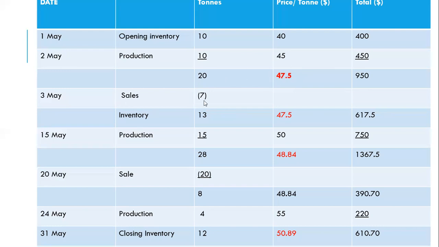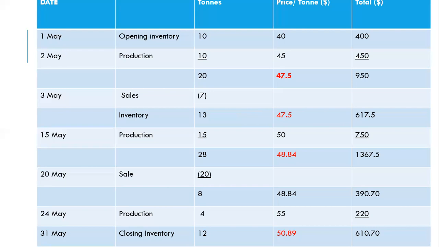Then we make a sale of 7 units, which means our remaining closing inventory on 3rd May will be 13, since 20 minus 7 is 13. The average inventory price as at 3rd May is still 47.5, as long as you have not added another batch into your warehouse.